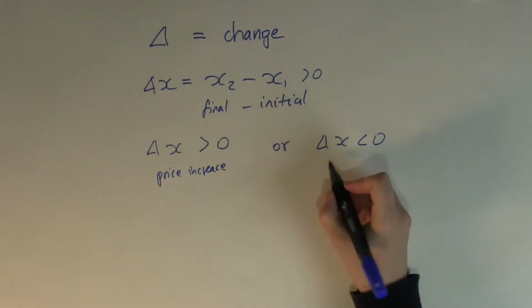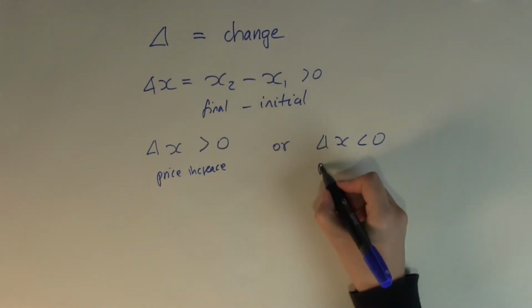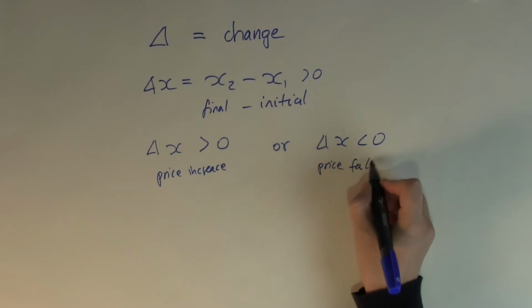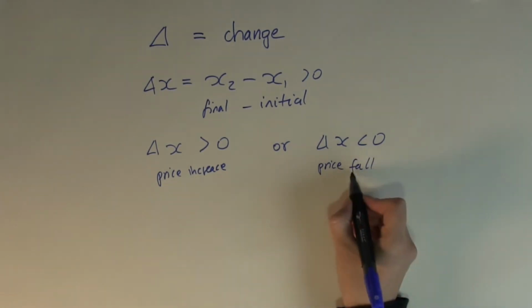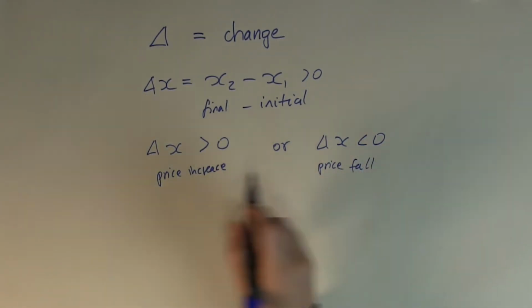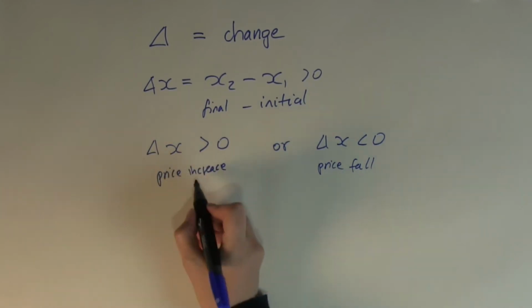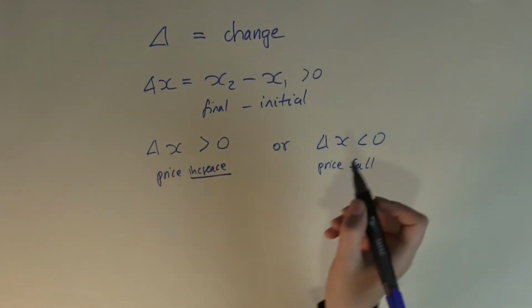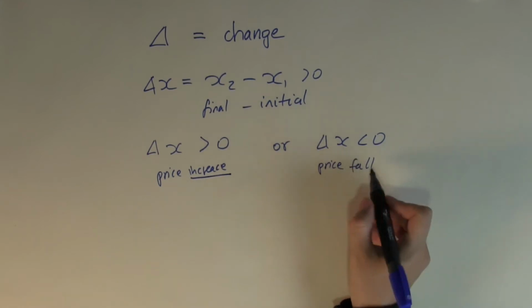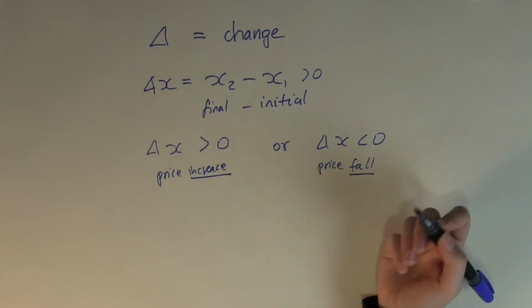So in this particular case, we would be talking about a price fall or some quantity fall. But the importance here is that if the change is positive, we're talking about an increase, and if the change is negative, we're talking about a fall or decrease.